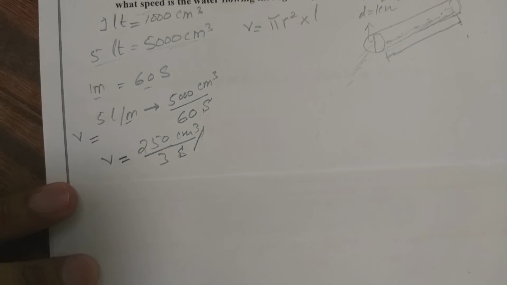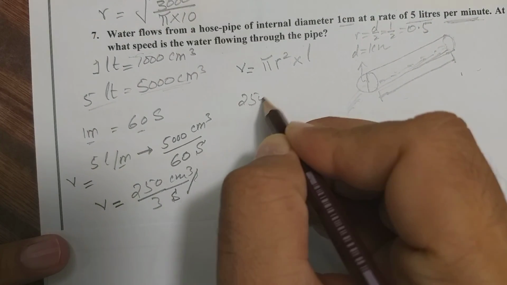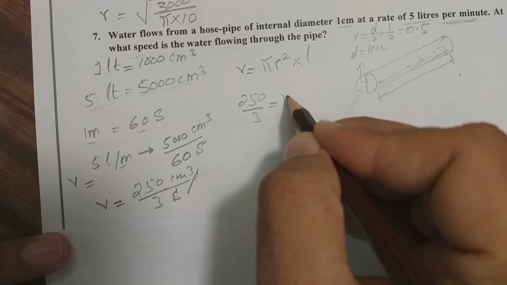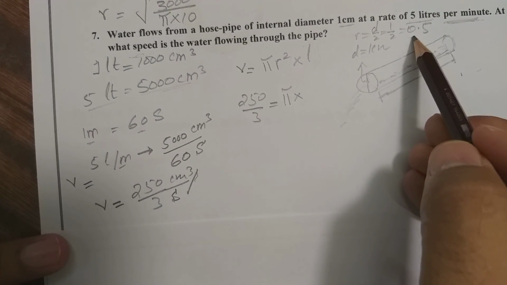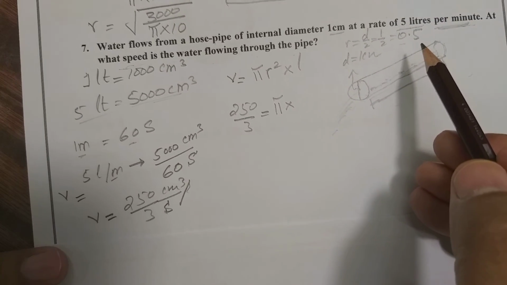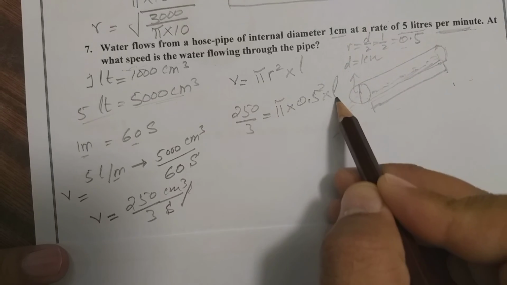Okay, replace this value of the volume in the formula. So V equals 250 over 3 equals pi times the radius we found, which is 0.5 squared, and we need to find the length.